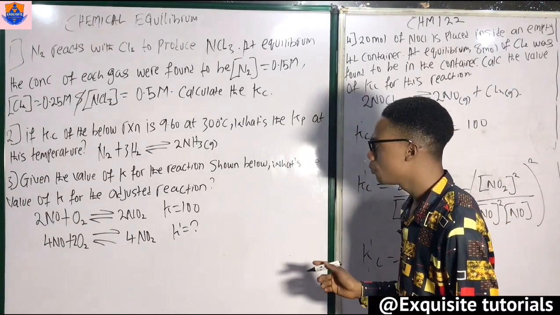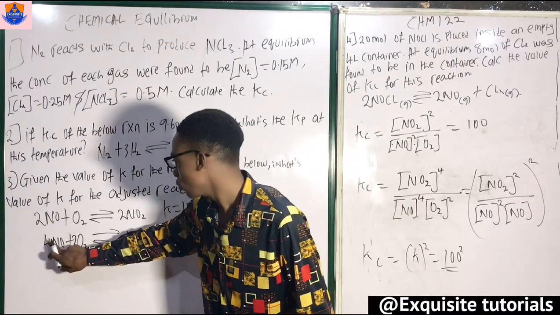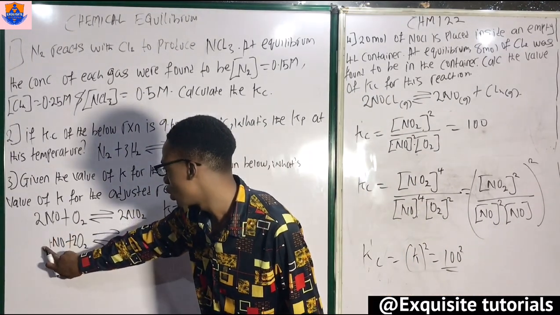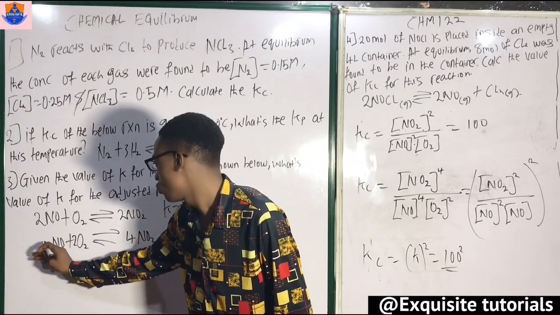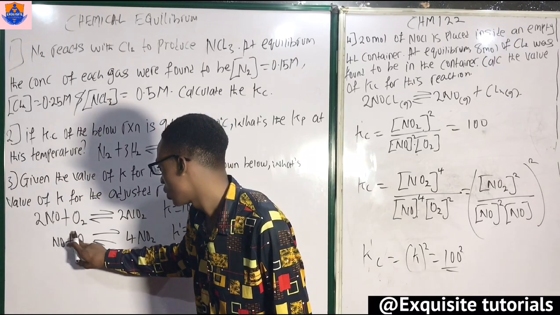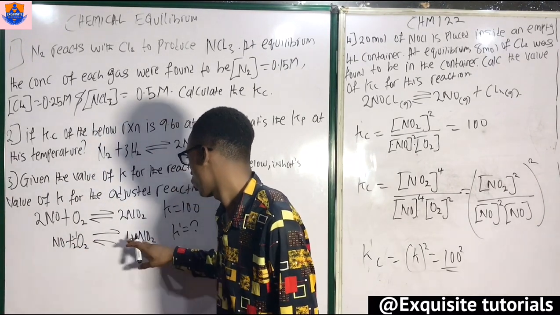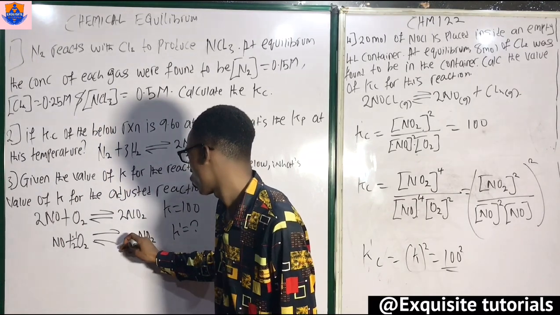Now, assuming it was halved, assuming it was adjusted to 1, then here was 1 over 2, and here was 2.